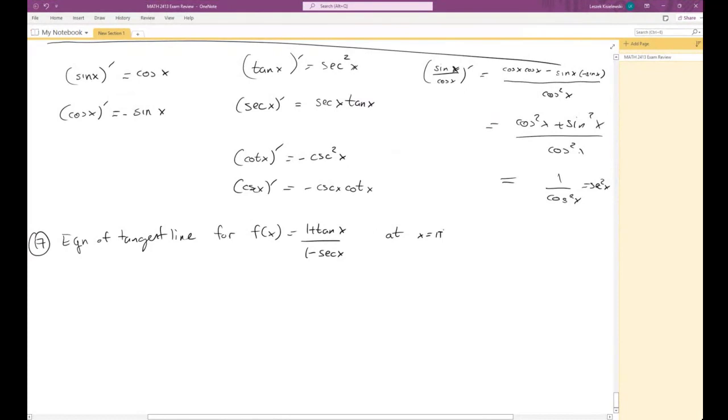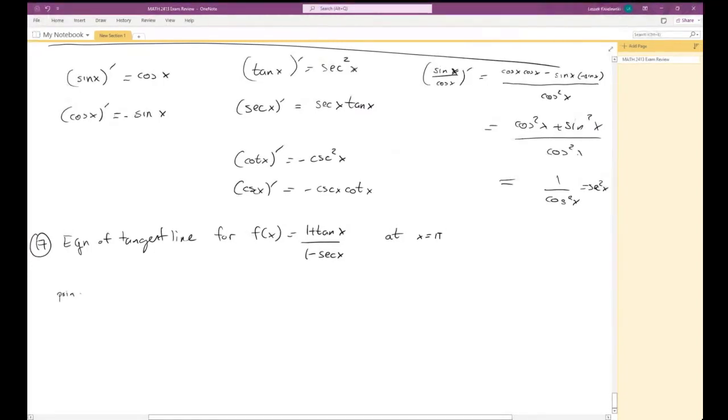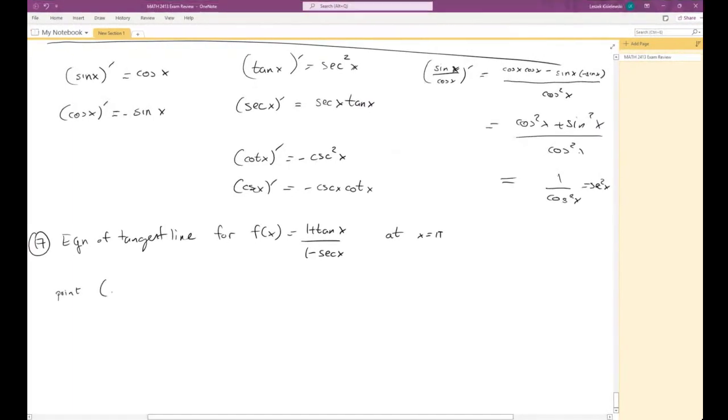All right, since we need a line, if they had just asked for the slope of the tangent line, you could just differentiate. But since it's a line, we also need a point on our line. So the point would be when x is pi, what is the corresponding y value?